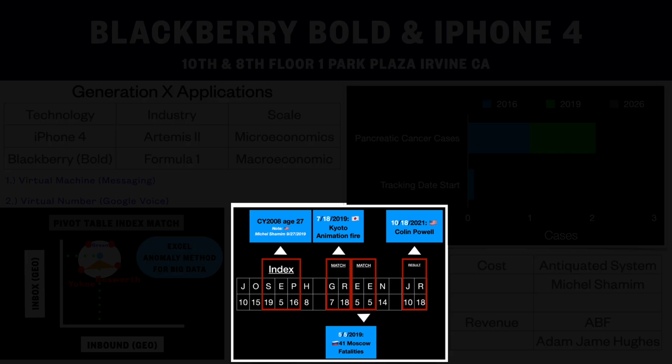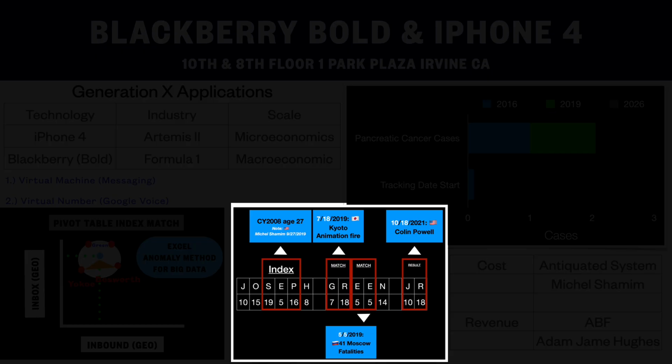Now, the numbers under JR, EE, GR correspond to dates of Kyoto fire, 41 Moscow fatalities on a plane in Russia, and Colin Powell. So that helps me check the index, and I move the index back to calendar year 2008 when I was 27.